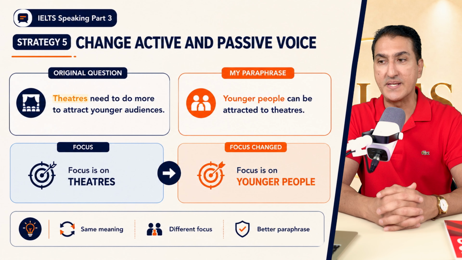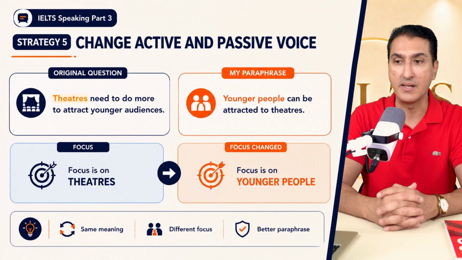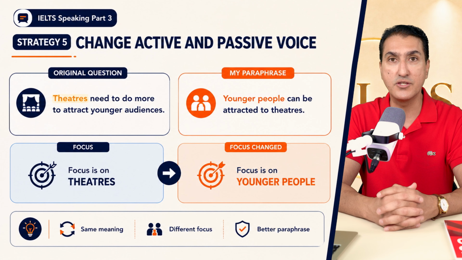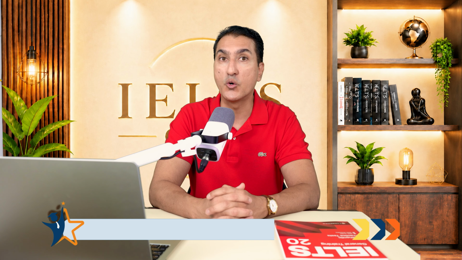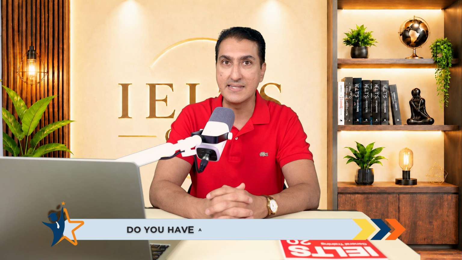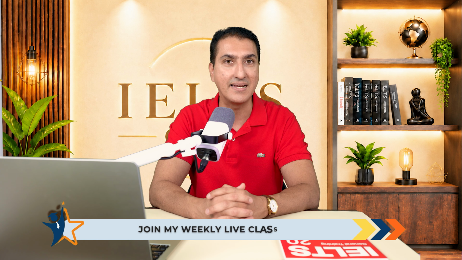In my paraphrase, I changed the focus to younger people by saying younger people can be attracted to theaters. So, instead of focusing on theaters, I focused on younger people without changing the original meaning. This changes the sentence from the active voice to the passive voice, while keeping the same meaning.